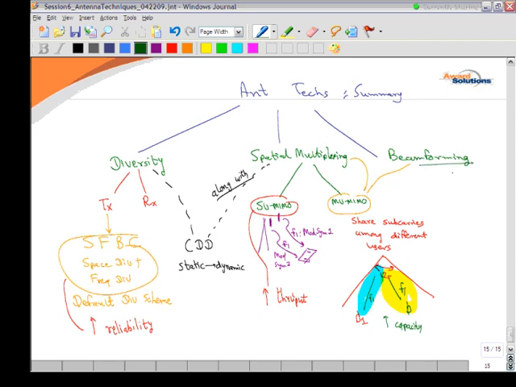Beam forming, rather than spreading energy all over the place, which we do in traditional sectorization, we said, let's just focus energy in a given direction. But in LTE, we do not have pure beam forming. We use beam forming along with the MIMO technique.